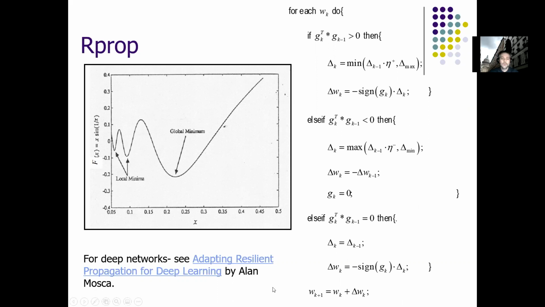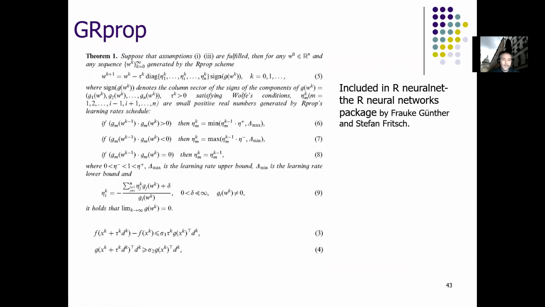There has been a version which generalized resilient propagation to deep networks, because you cannot use the current formula as it is. You have to update it, and it will help the algorithm to train deep networks. This is another version. You can find it in neural network packages, like the neuralnet package of the R programming language.